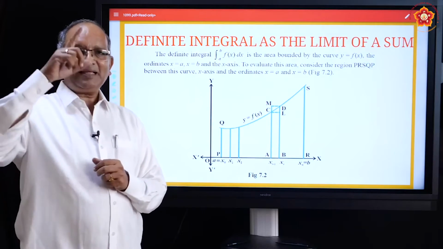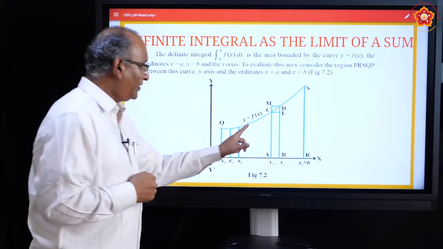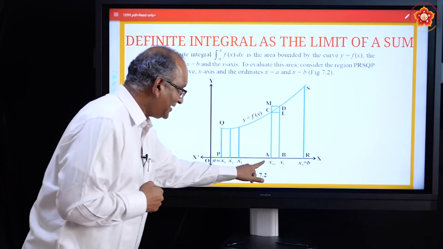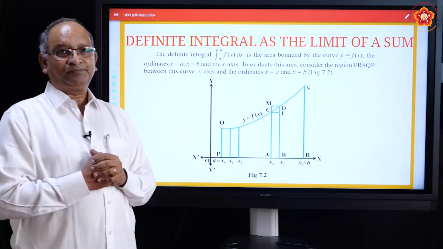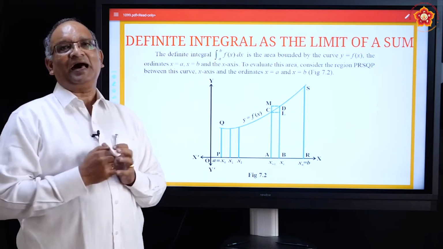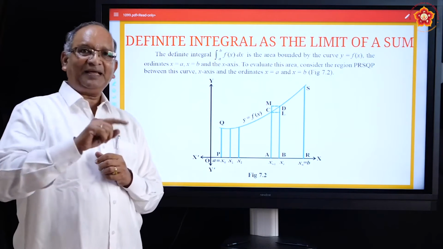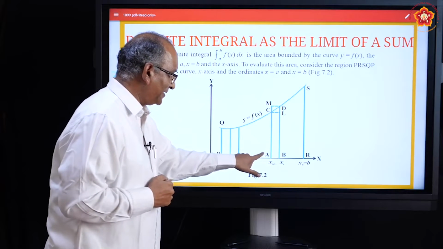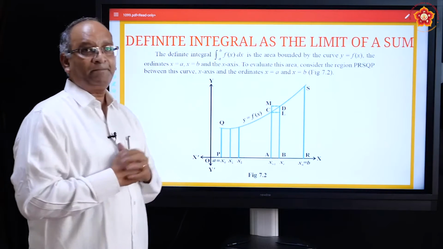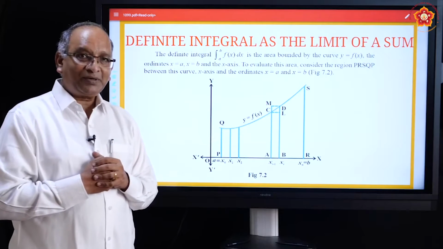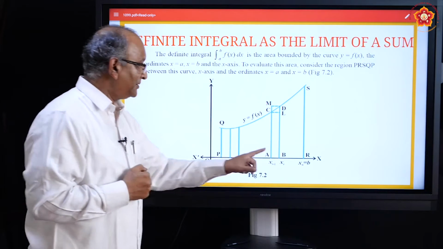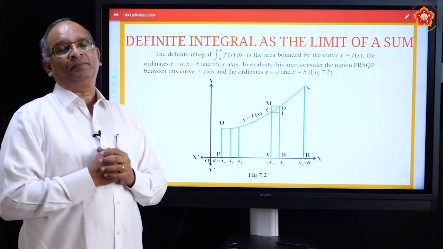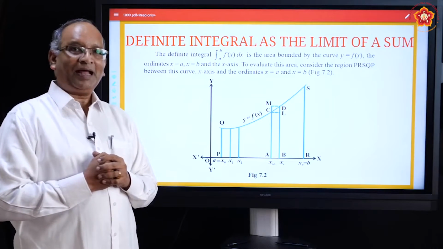What is the height? For the lower rectangle, what is the height? It is AC. What is it here? x_(r-1). So the height is x_(r-1), multiplied with h. Whereas if you take the bigger rectangle, that is ABDM, you have to consider BD as the length or height.